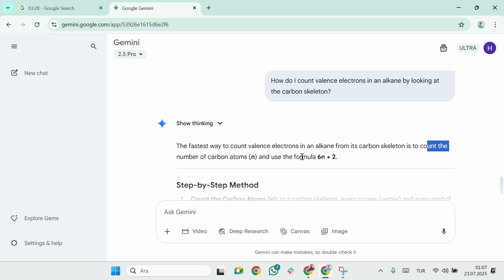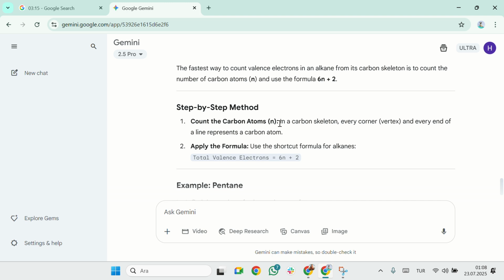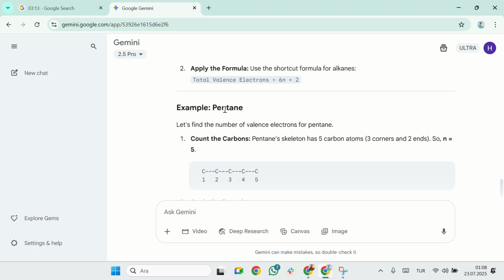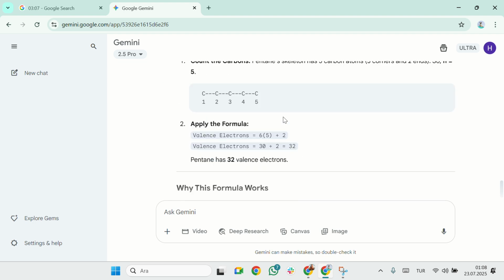Count the number of carbon atoms and use the formula 6n plus 2. Pentane, 5 carbons, 32 valence electrons then.